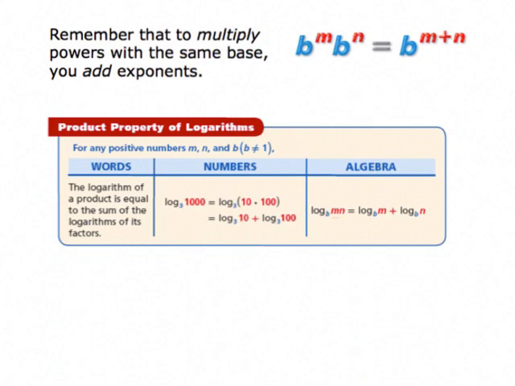When we put them together under one base, you added them. So here you're going backwards, breaking them up. For multiplication, that equals log base b of m plus log base b of n. All right, go ahead and pause the video so you can get that property down.